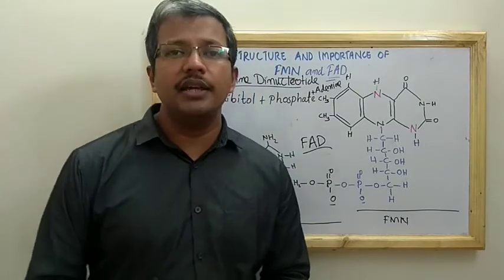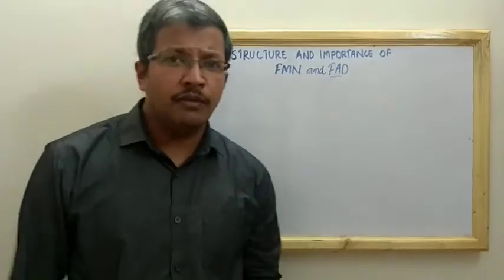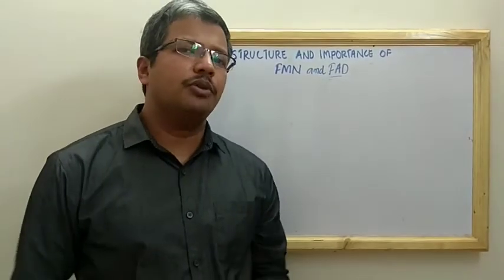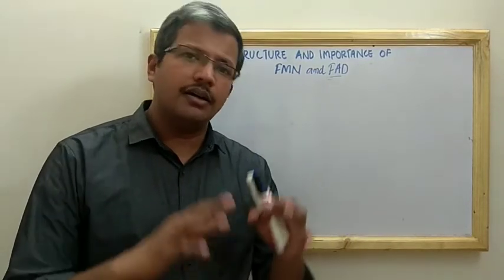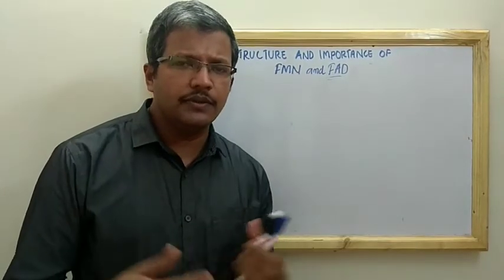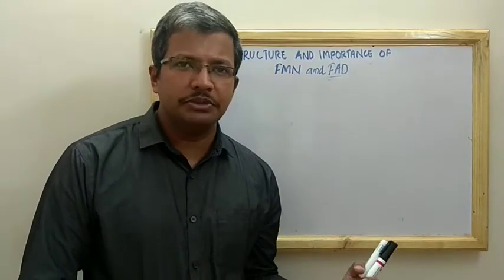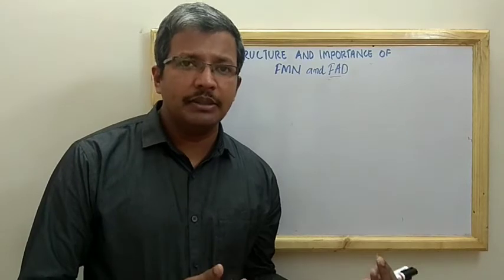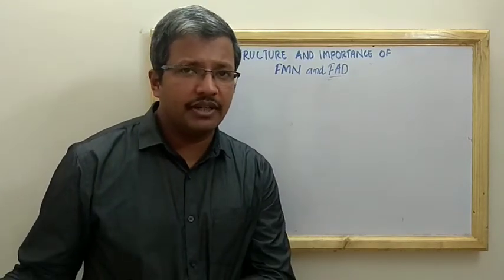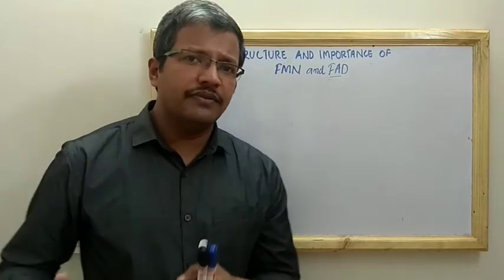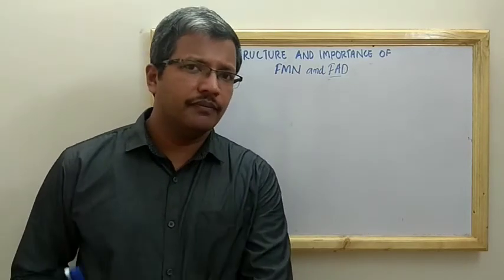Let us see the importance of FMN and FAD now. We have to keep in mind that the importance of FMN, FAD, NAD, NAD plus, etc. are same only. There is no change in that, except some enzymes will be specific to NAD plus, NADP, and some other enzymes will be specific to FMN, FAD, etc. Now, what is the difference between NAD, NADP and FMN, FAD?